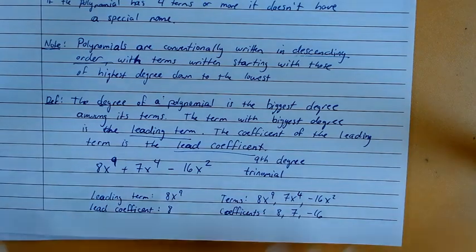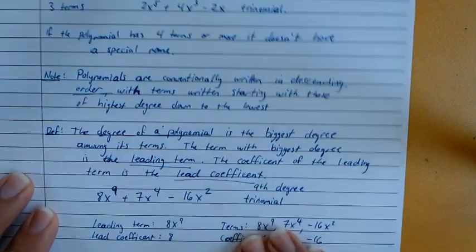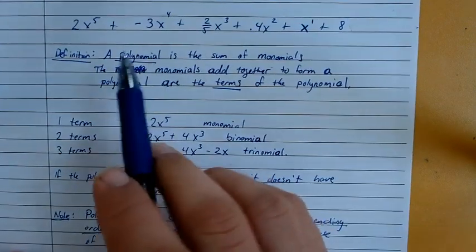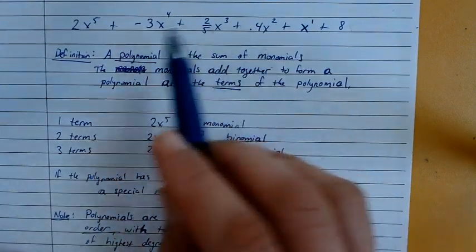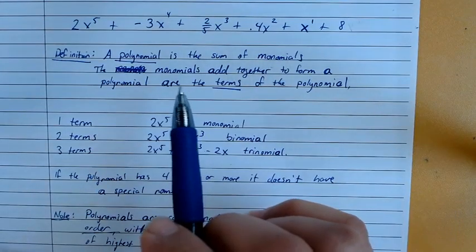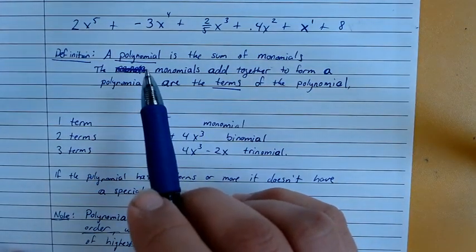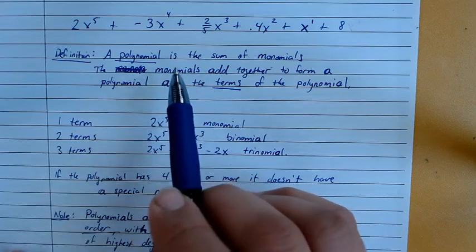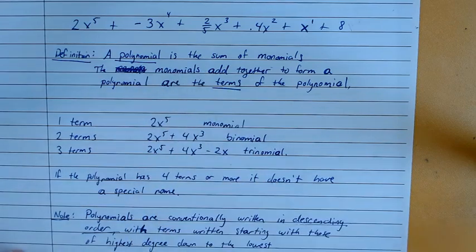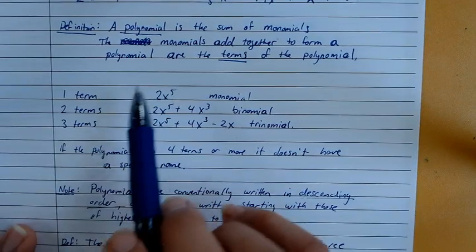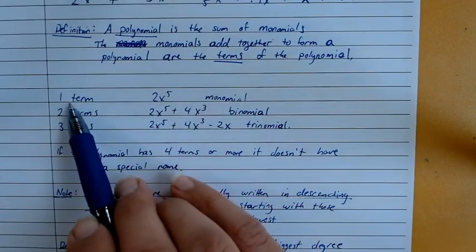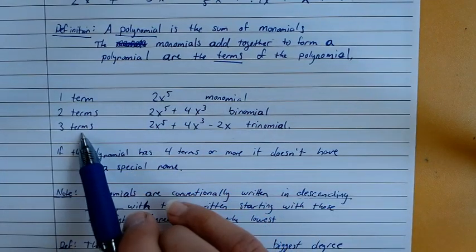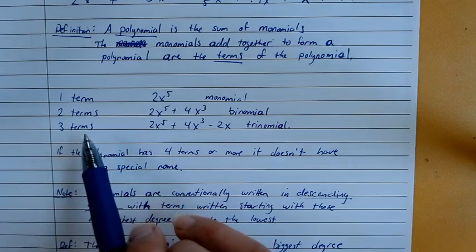All right, so for now, we just have a big vocabulary lesson. A polynomial is the sum of monomials. You're adding these things together. When you're adding the polynomial together by adding the monomials, those monomials are called terms. Depending on the number of terms you either have a monomial, a binomial, a trinomial, or anything bigger than that is just called a polynomial.